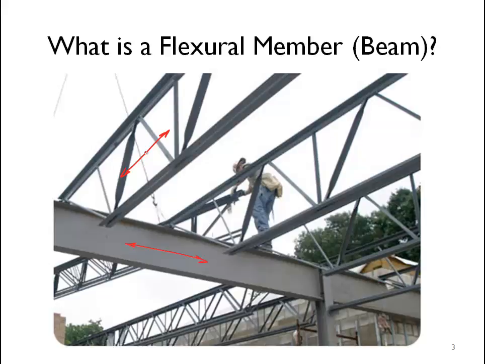We're going to limit our discussion in Lesson Plan 6 to the use of rolled shapes as flexural members. So for example, we'll be looking at a beam that looks very much like this one and solving for its flexural capacity.